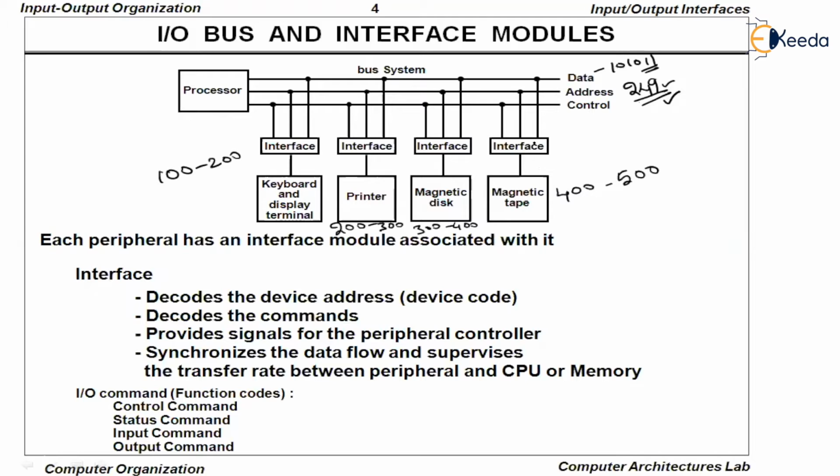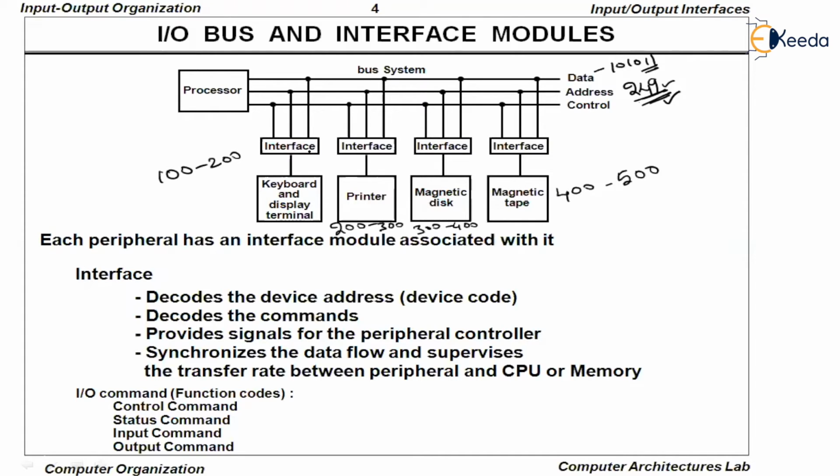Now the moment the address bus and data bus have some data, immediately the interfaces will decode these address lines. All the interfaces will decode the address lines. Only a specific interface will be activated because this address will fall under that specific interface. All the other interfaces will not be invoked at all.